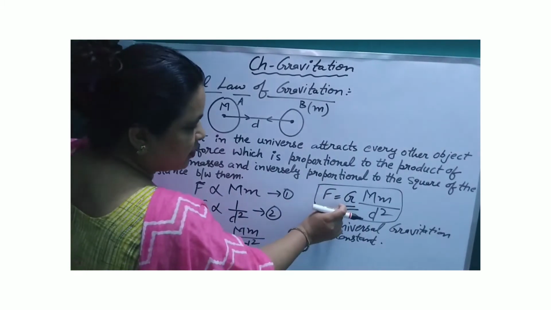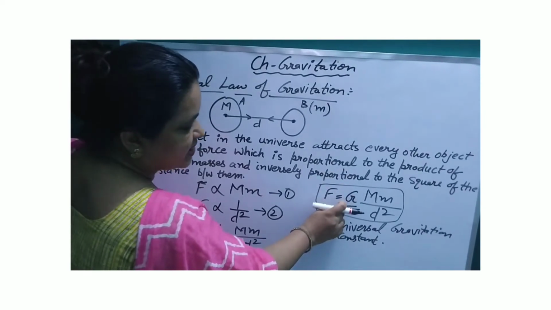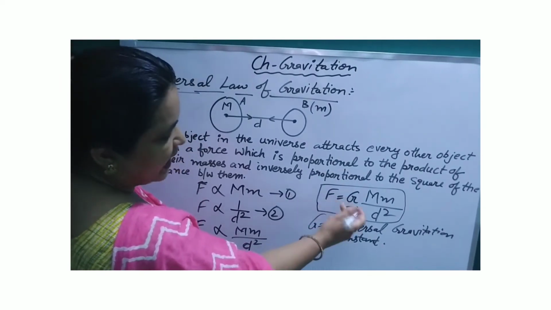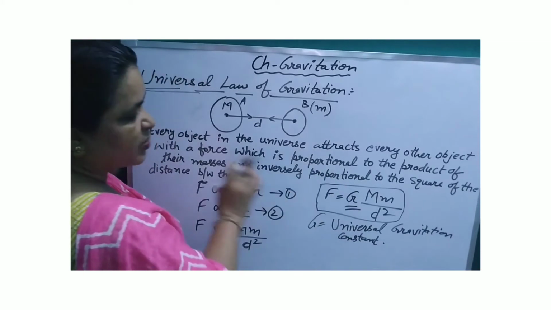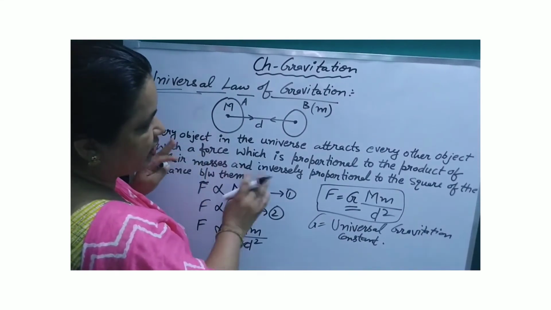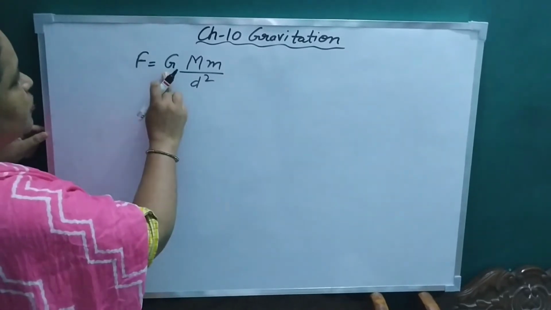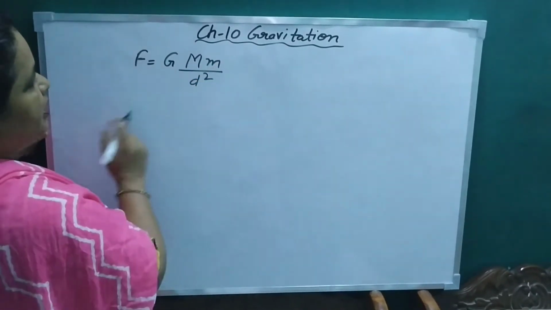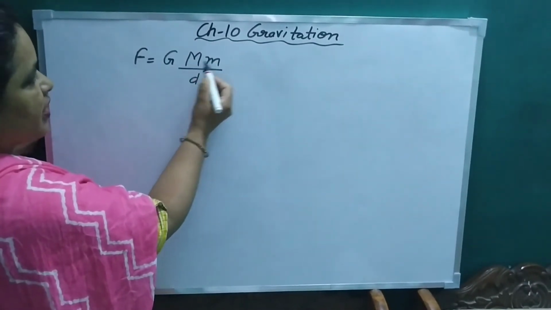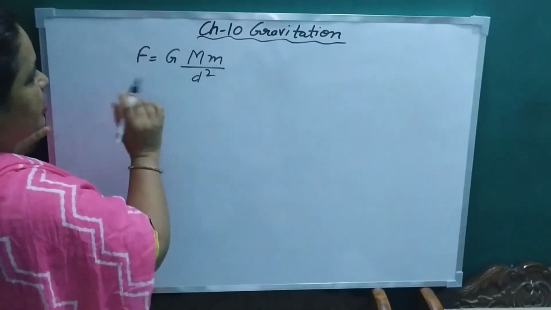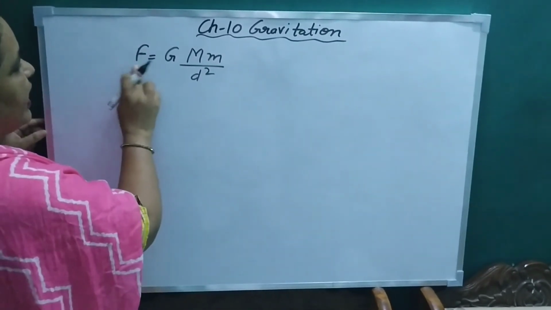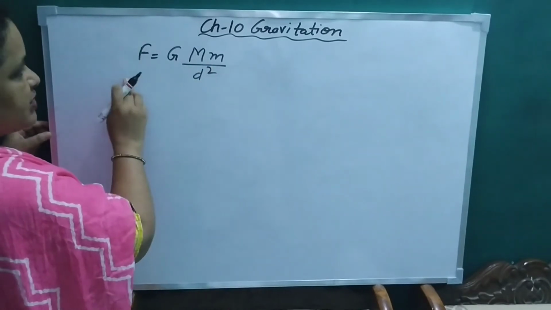Now let's find out the SI unit of this capital G. As it is a constant, its value remains the same everywhere. We have F equal to G M m upon d square, where M is the mass of body A and small m is the mass of body B. As it is a force, its SI unit is Newton.